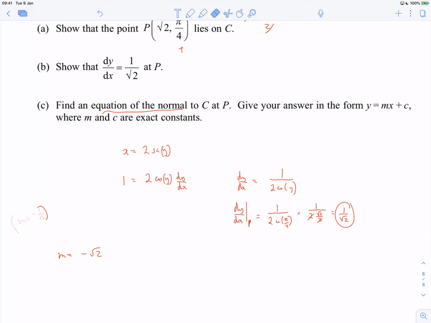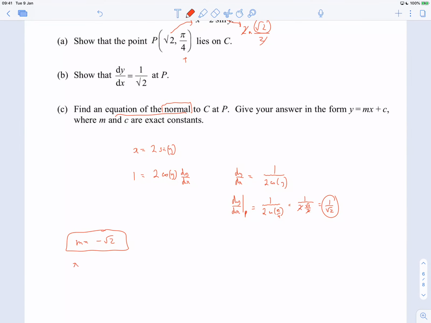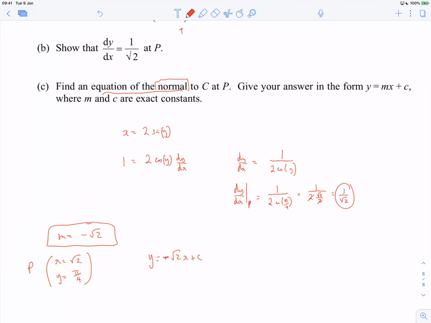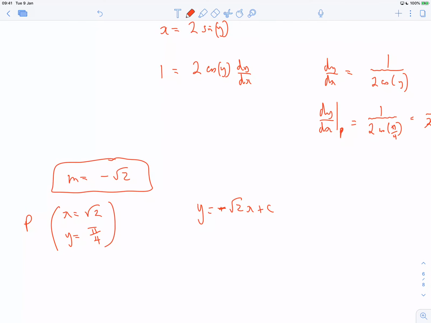So my fault. Okay, so if the gradient is minus root 2 for the normal, it's perpendicular to the tangent at that point, and I know that x equals root 2 and y equals pi over 4 at the point P. Then y equals negative root 2x plus c, and if I substitute the points in, when y is pi over 4, it's going to be negative root 2 lots of x, which is root 2, plus c.